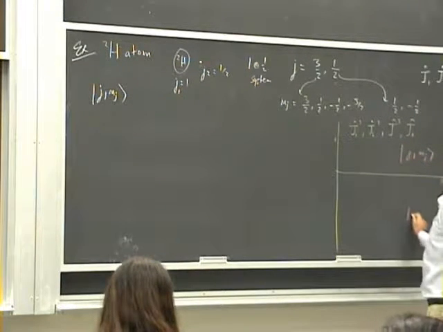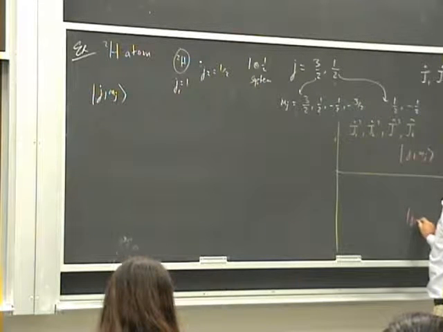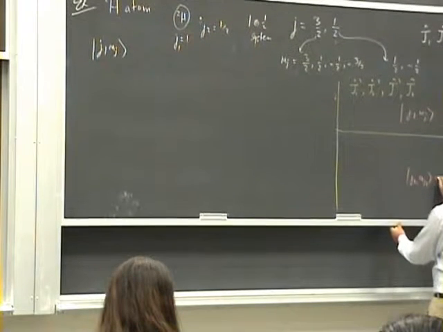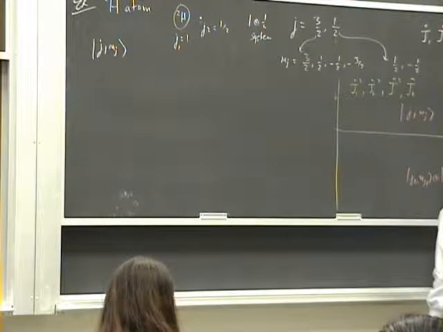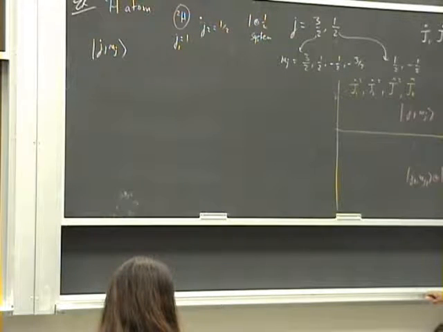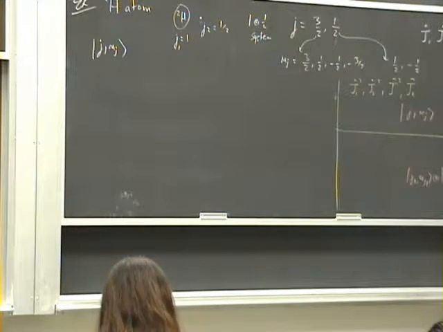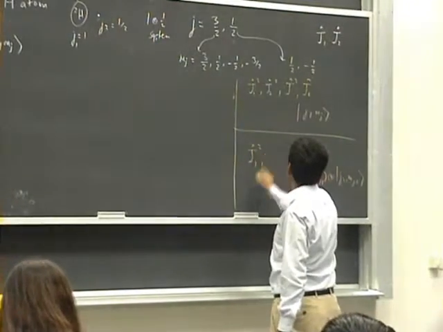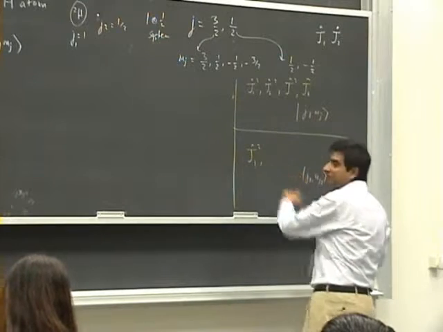And if I have eigenstates J1, Mj1 tensor with J2, Mj2, then they are also eigenstates of some observables. What are those observables? If I take J1 squared, this is an eigenstate of J1 squared.